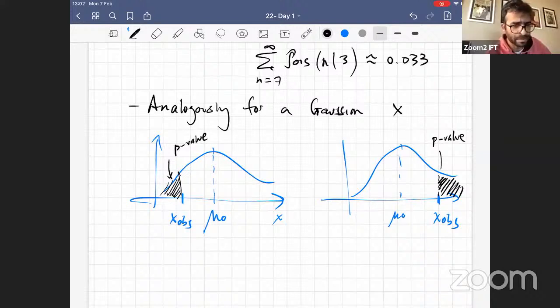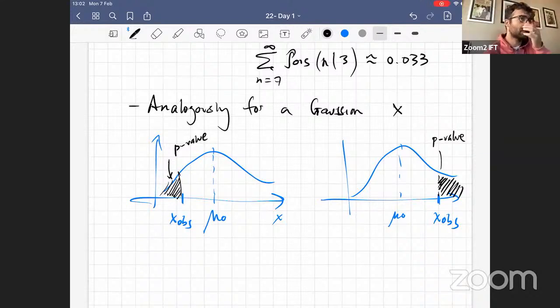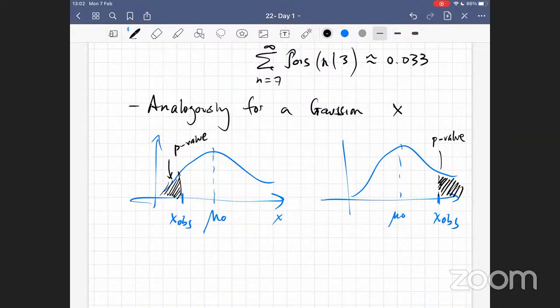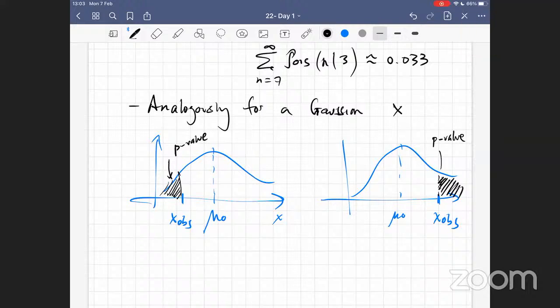Yeah, that's why I put the right plot. But why don't you always consider both? No, because I would expect some kind of function of the distance between x observed and mu0, like with an absolute value. No, because you have a hypothesis mu0, and then you unblind the data, the data a posteriori.